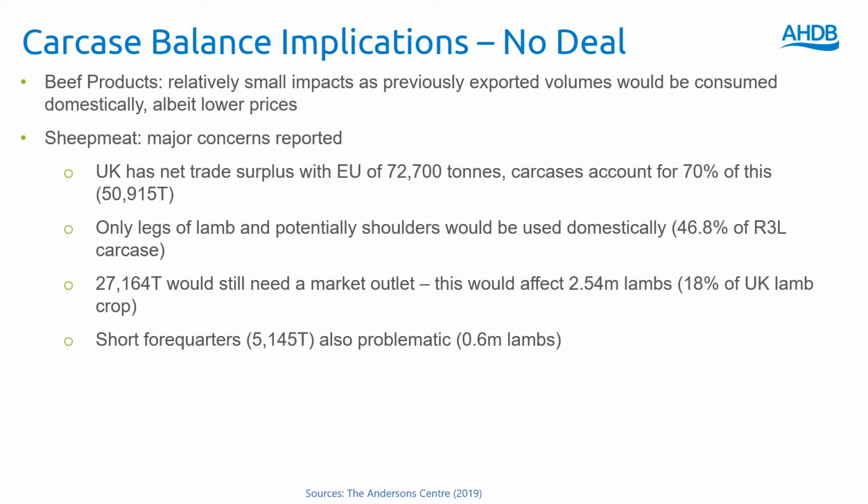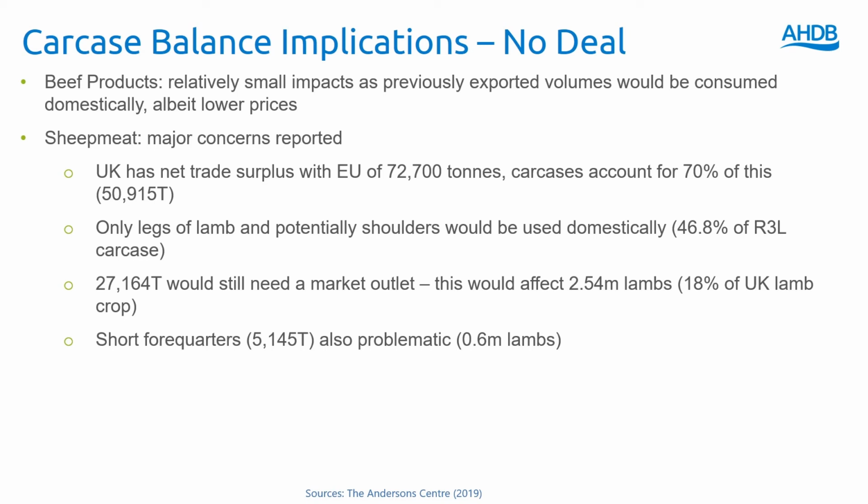And if we look in terms of a net trade position, so exports going out into the EU27 minus any imports for that given commodity code that has been coming in from the EU in the past, the UK would have a net trade surplus with the EU of almost 73,000 tonnes per annum, and carcasses in particular are important, almost 51,000 tonnes of that.